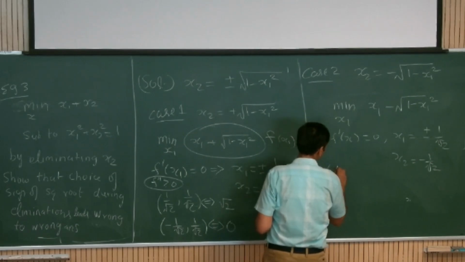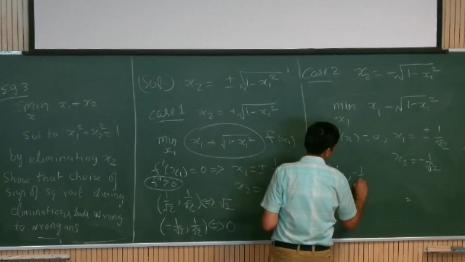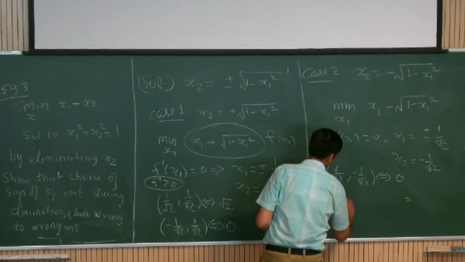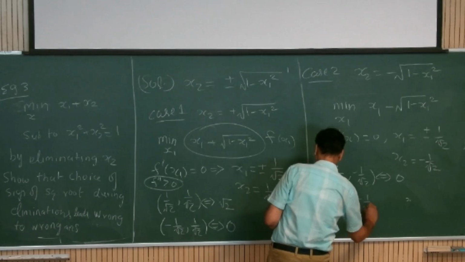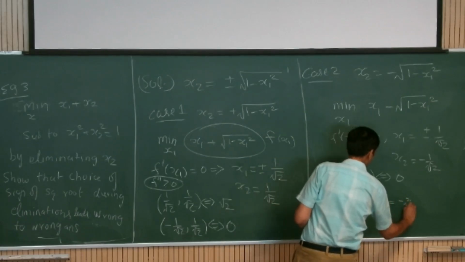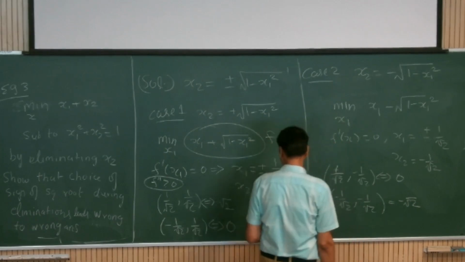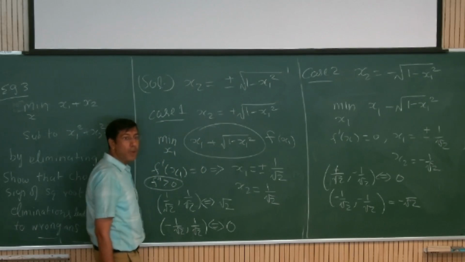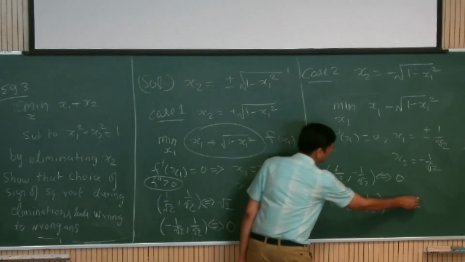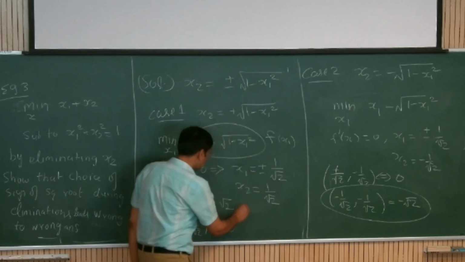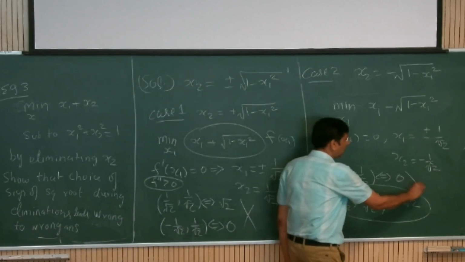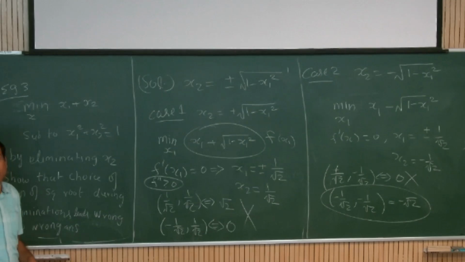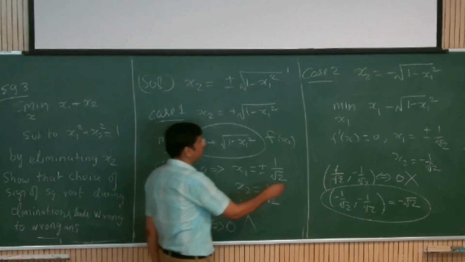When you take 1 over square root 2 and minus 1 over square root 2, the function value turns out to be 0. And when you take minus 1 over square root 2 and minus 1 over square root 2, the value turns out to be minus square root 2. So what happened? Which is the minima function value? So these are not your minimas, neither is this your minima. The idea was to tell you that the choice of the sign may lead you to a wrong result. Do this f double prime also.